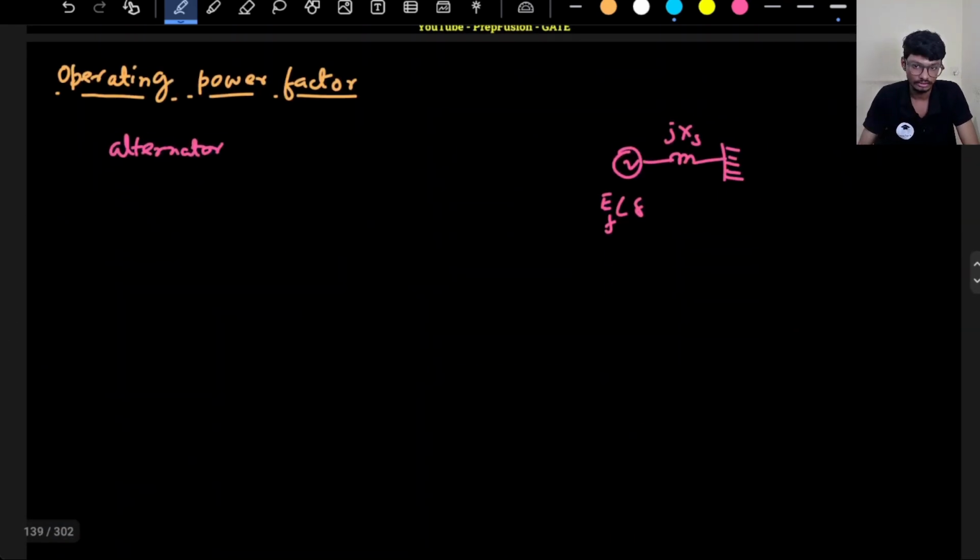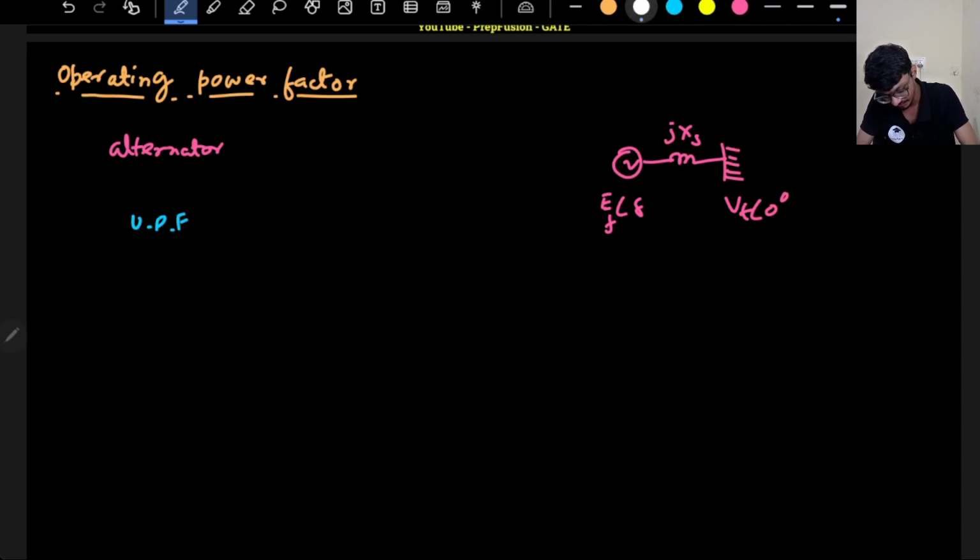Now let's come back to this. Right here we are discussing the alternator. This is my VT, angle 0. Let me draw the phasor diagram for unity power factor. This is my VT, and IA will be in the same phase.